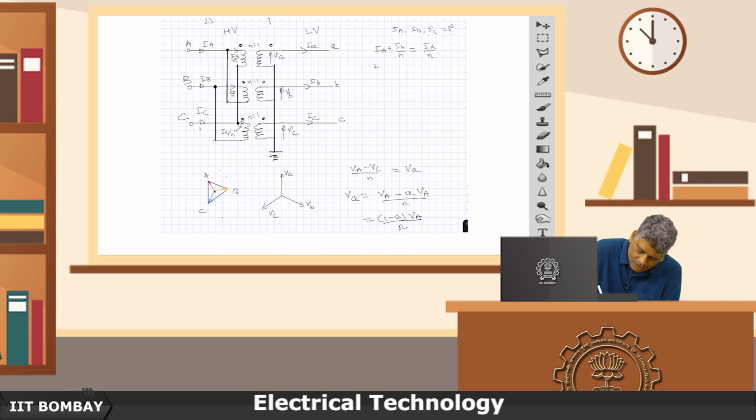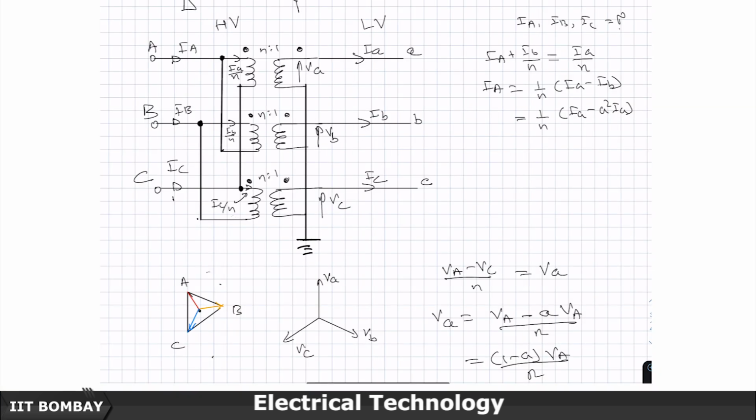In other words, IA is going to be equal to 1 by n of (ia minus ib). But if the circuit is a balanced circuit which we are analyzing, then IB can be written as a square IA. So, this will become (1 minus a square) IA, in other words, (1 minus a square) by n times IA.